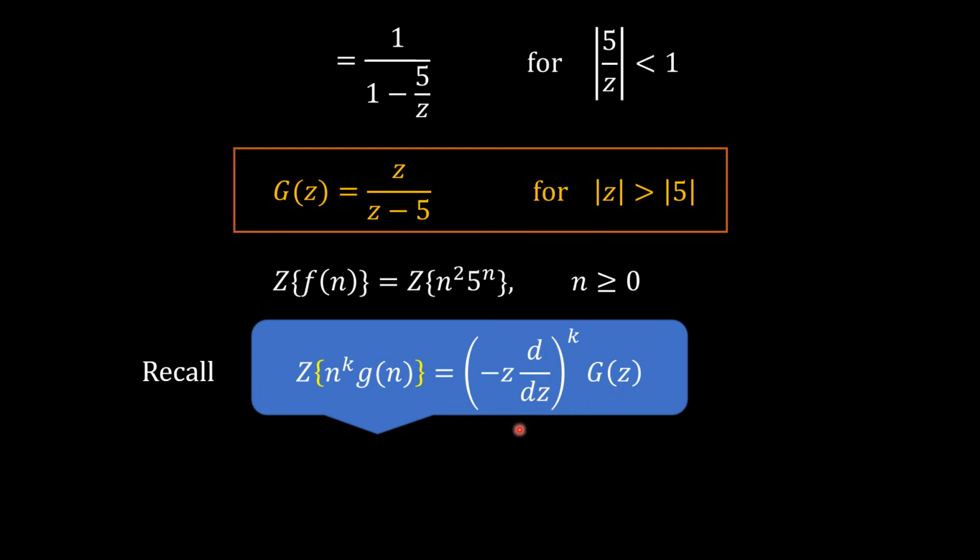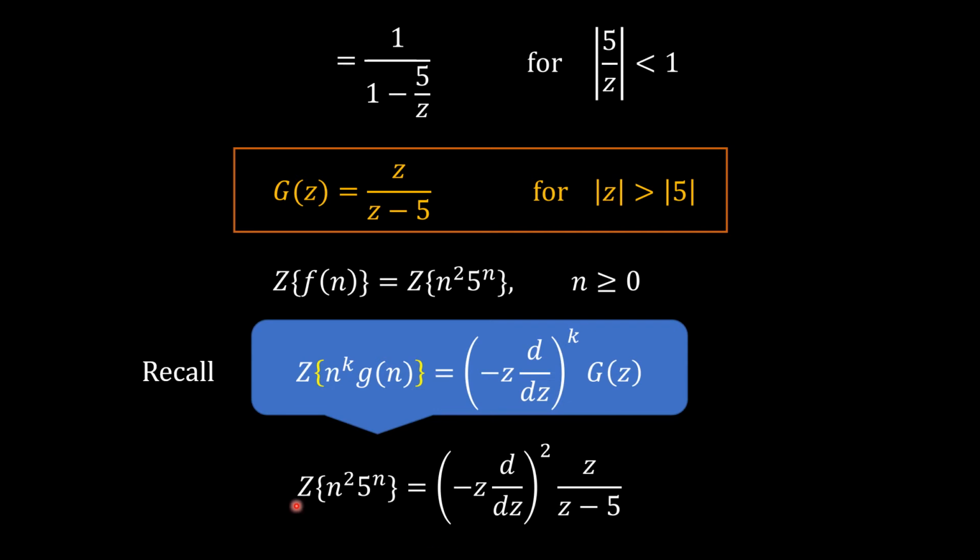Therefore, Z transform of the given sequence f of n, which is n square into 5 raised to n, so here k is equal to 2, will be minus z into d by dz bracket raised to k, where k is 2. So it is square. G of z is z upon z minus 5.